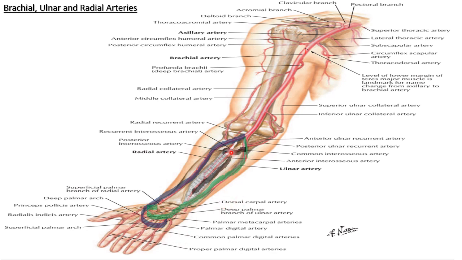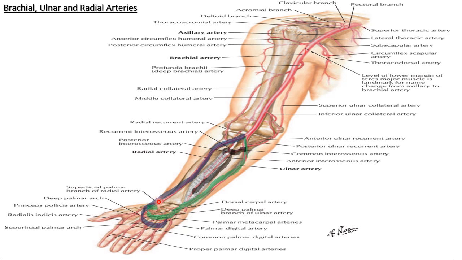Okay, and these two, ulnar and radial arteries, will form two arches in the hand known as the deep palmar arch and the superficial palmar arch. Remember that the deep palmar arch is formed by the radial artery and the superficial palmar arch is formed by the ulnar artery. And then these palmar arches will form anastomosis.